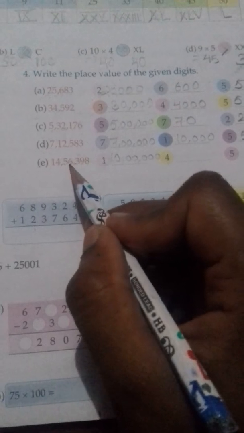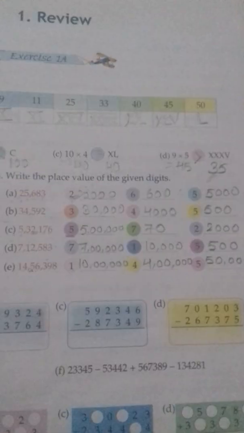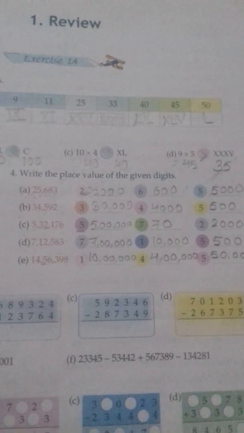Ones, tens, 100, 1000, 10,000, lakh. 4 lakh. And then place value of 5. Ones, tens, 100, 1000, 10,000. So it is 50,000. So we have done this place value of the given digit.